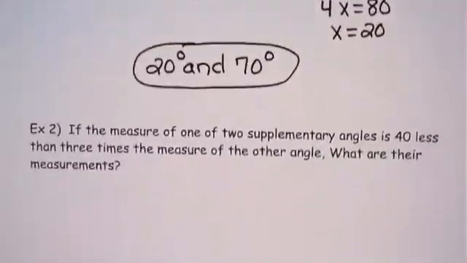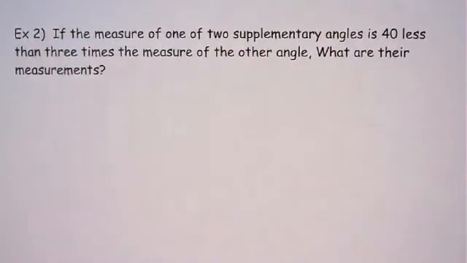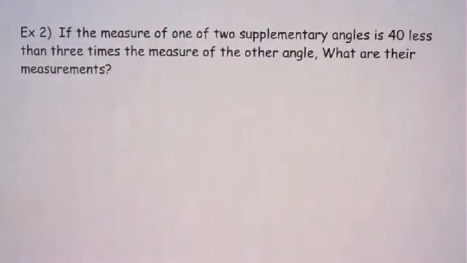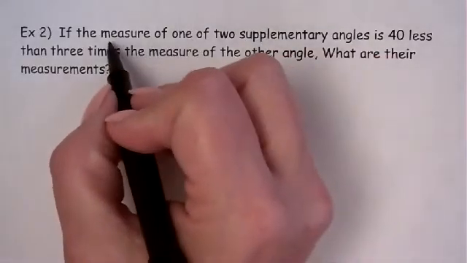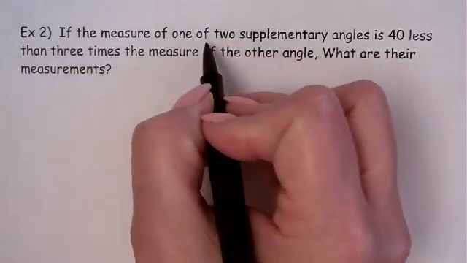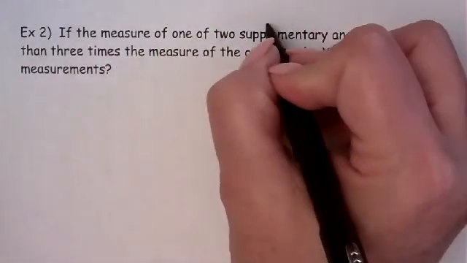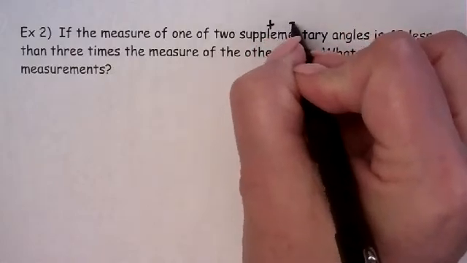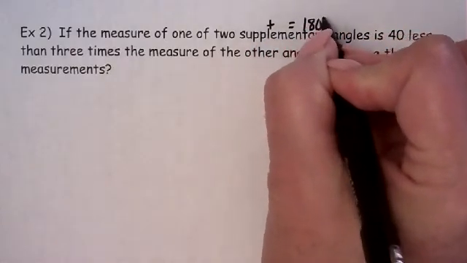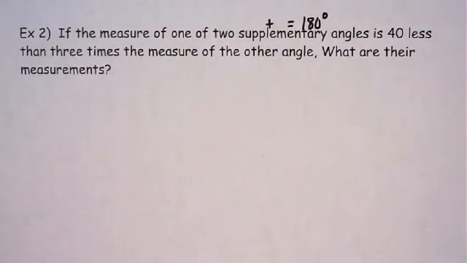Now, example 2 says, if the measure of one of two supplementary angles is 40 less than 3 times the measure of the other angle, what are their measurements? The first part of the sentence says two supplementary angles, this means that they add up and equal 180.